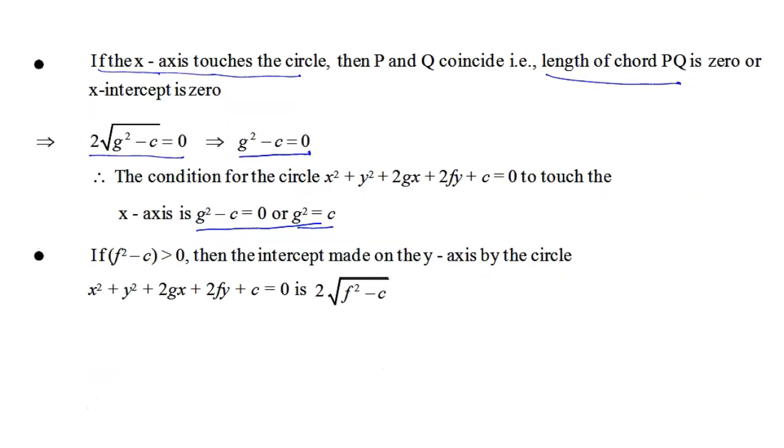Similarly, we can go for the y-intercept, 2 root f square minus c. Same thing here. If it touches the y-axis, f square minus c becomes 0, which implies f square equals c. This is the condition. Alright, now go for the next formula.